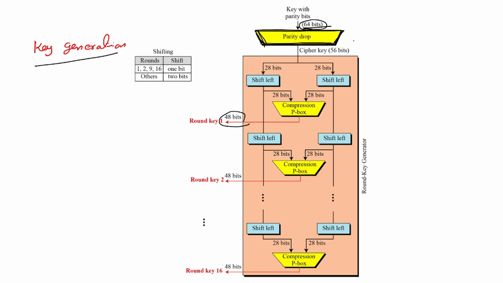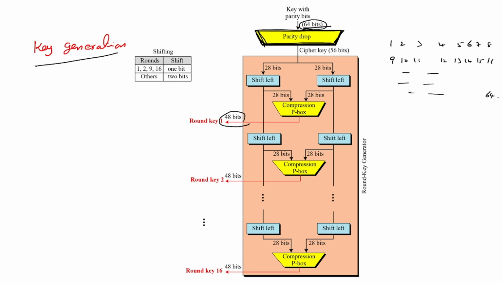Parity drop means the 64 bits, 1 2 3 4 5 6 7 8, you need to arrange all these bits like this: 9 10 11 12 13 14 15 16 and so on up to 64.